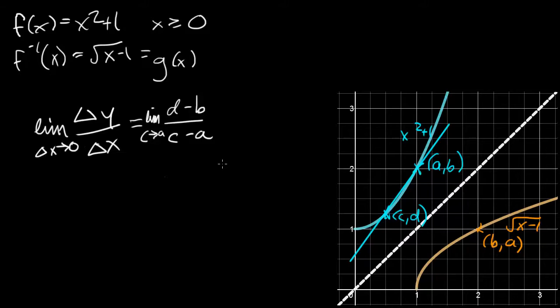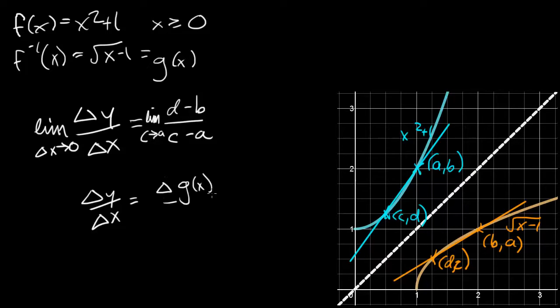Now, what does that look like on the inverse function? Well, there's also going to be a corresponding point, d comma c, and there will be a secant line between the 2 points. What's the slope of this line? It's going to be delta y over delta x, or delta g of x over delta x, because this one was delta f of x over delta x.